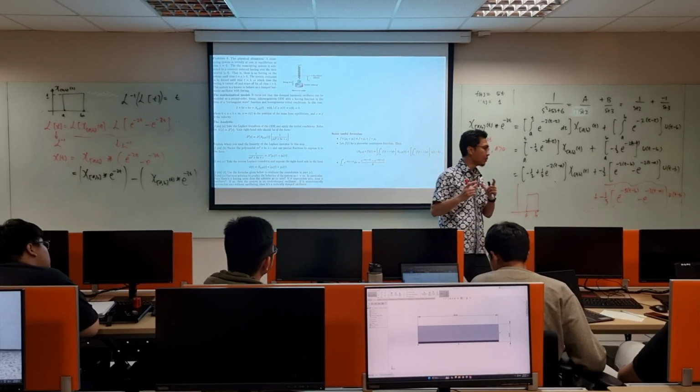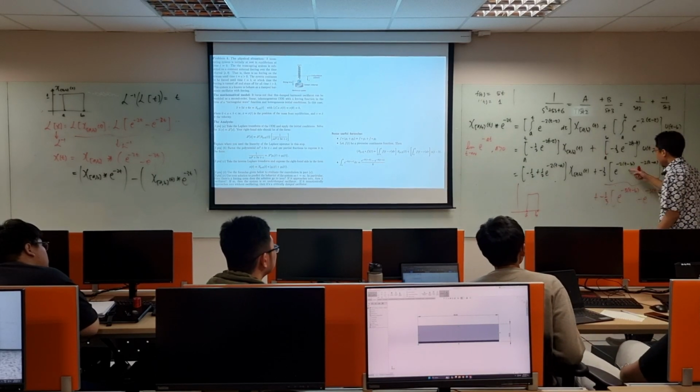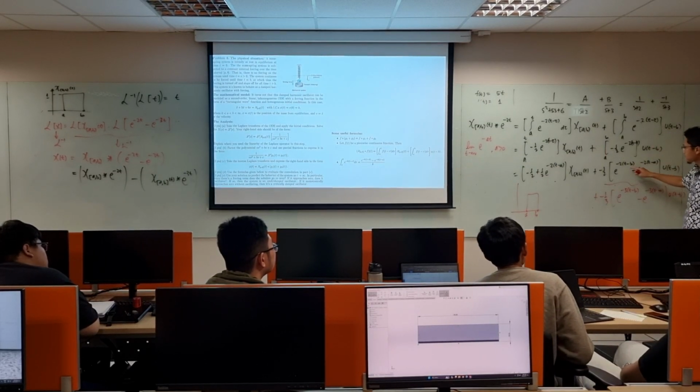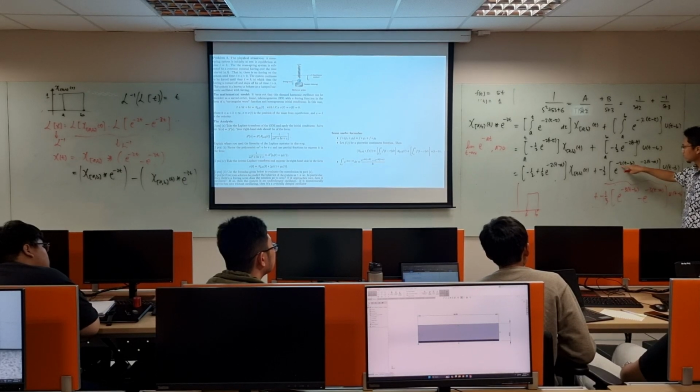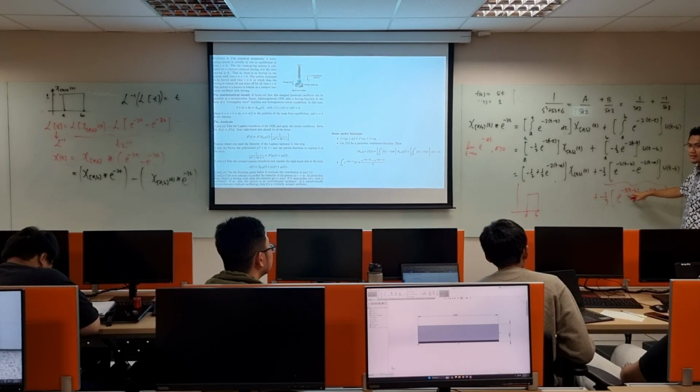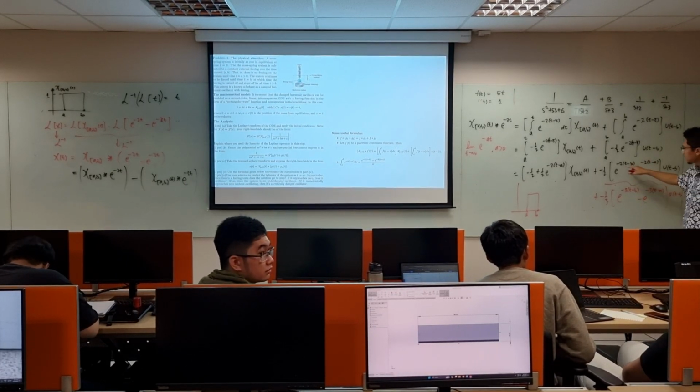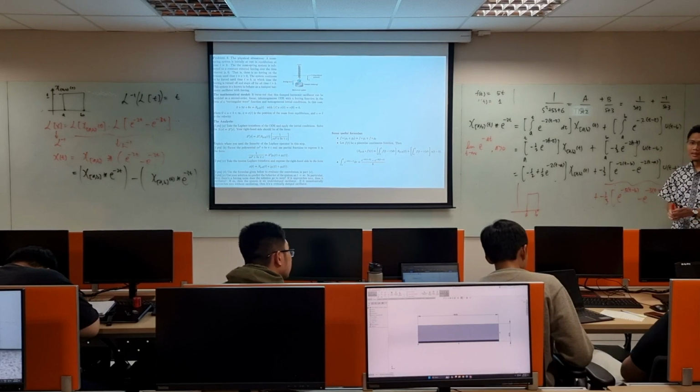If it is critically damped, you will see a double value here, -2 and -2. That's critically damped. If the numbers are different, -2, -3, then it is overdamped.